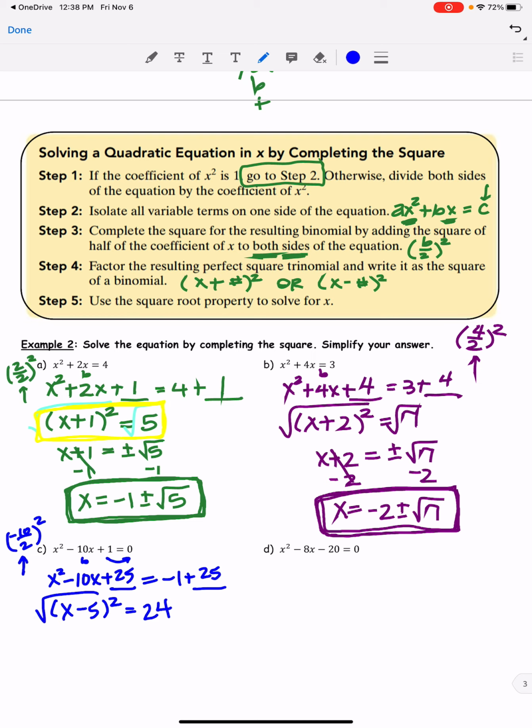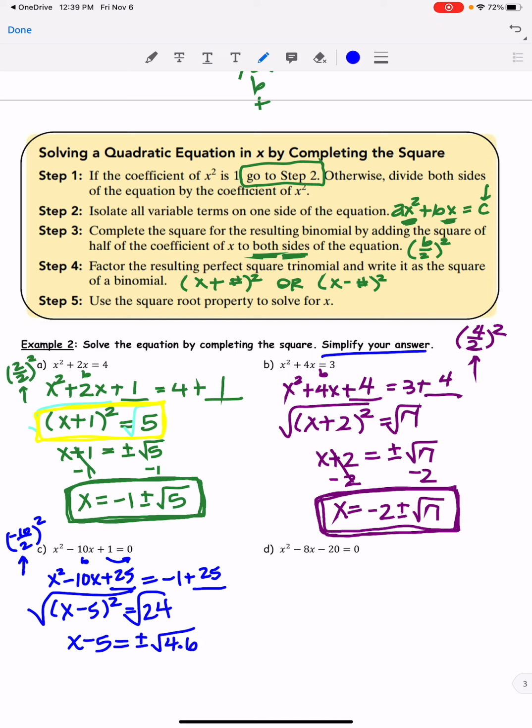Okay, and again, this is where you're going to be stopping during the conic section. So that's really as far as you need to go, but your homework wants you to solve this. So take the square root, x minus 5 equals plus or minus the biggest perfect square that goes into 24 is 4, right?